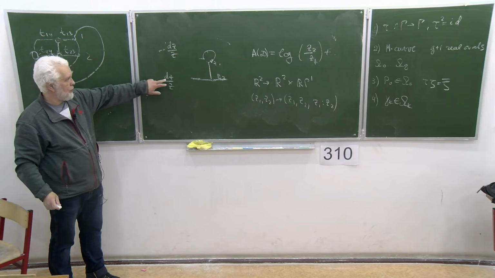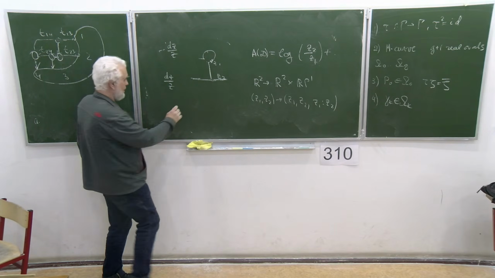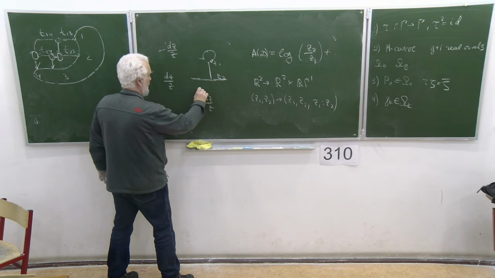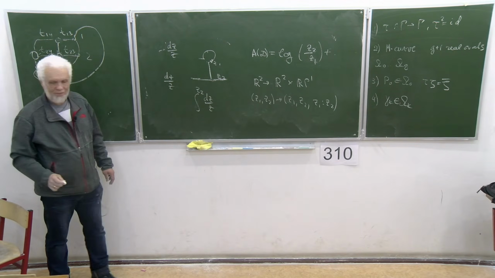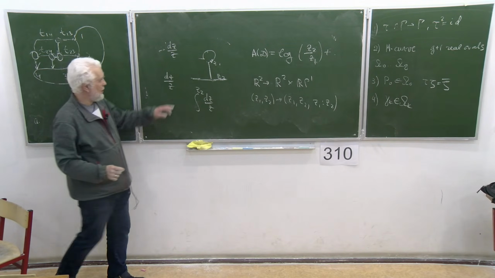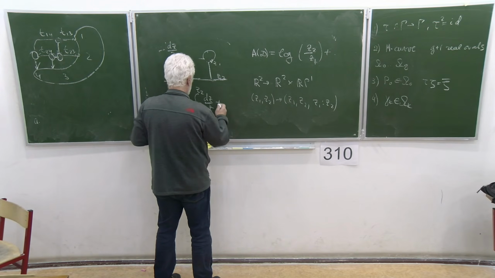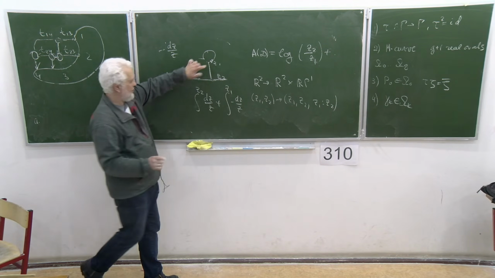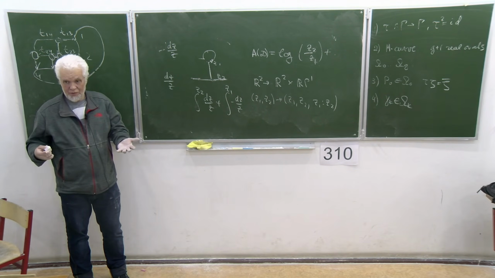So we have to calculate the integral of dz by z up to the point z2, you agree? Plus the integral from z1 of minus dz by z. It's the Abel transform.